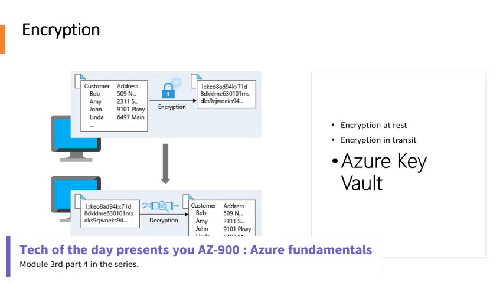If you encrypt that data, that is encryption at rest. And encryption in transit means when you send your data over HTTPS or VPN, then you can encrypt your data in transit over this network, and then your data is encrypted.